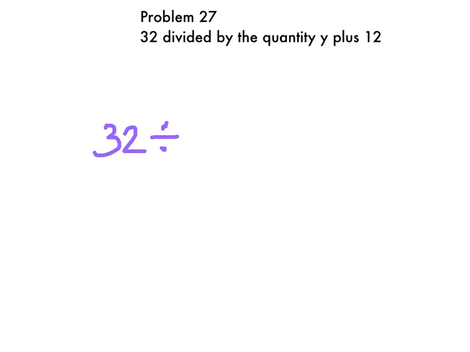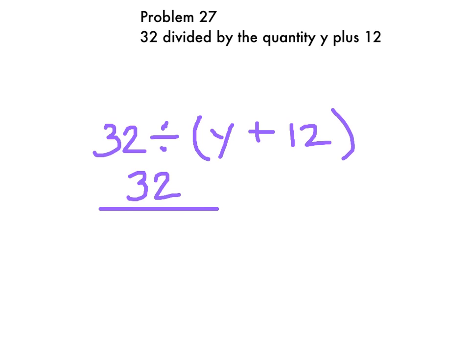So that's going to give me divided by the quantity y plus 12. All right, so I could write it like that, which is quite lovely. Or I could put my division sign so that I write it as a fraction, as 32 over the quantity y plus 12.